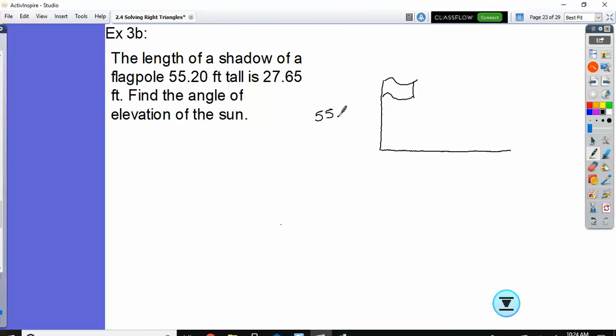How many significant digits is that? 4. And the shadow is 27.65. So the sun would be up here. I want the angle of elevation of that. Angle of elevation goes from a horizontal up. So it's going from the ground up.